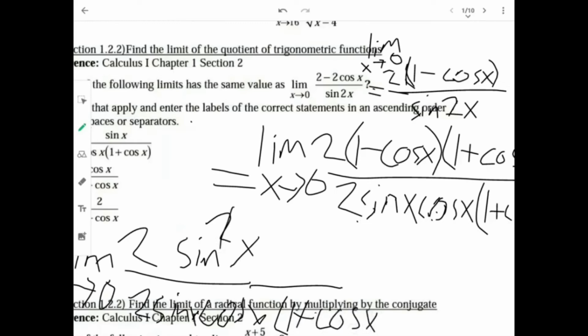So the sine here cancels, and this sine cancels, the 2 cancels, and the 2 cancels. So you'll end up with sine x over cosine x into 1 plus cosine x.